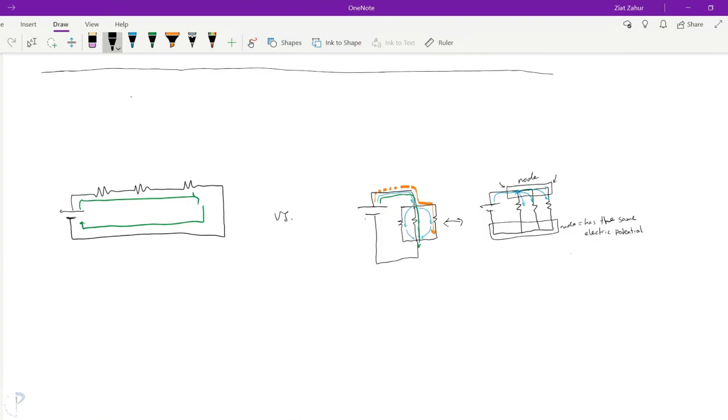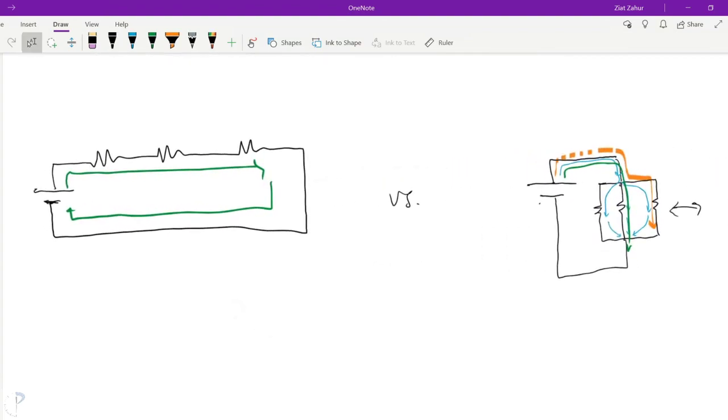Most of you did fine on the first lab, the series lab, where you said the current is all the same. I total in this case is the current that comes out of the battery.